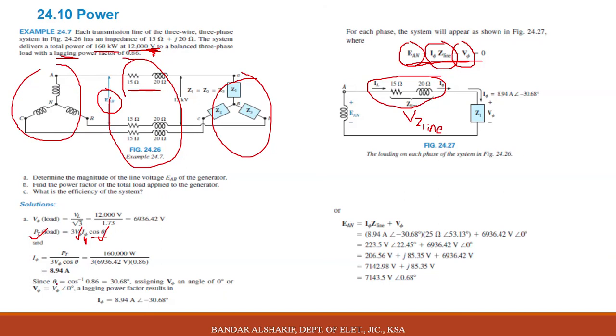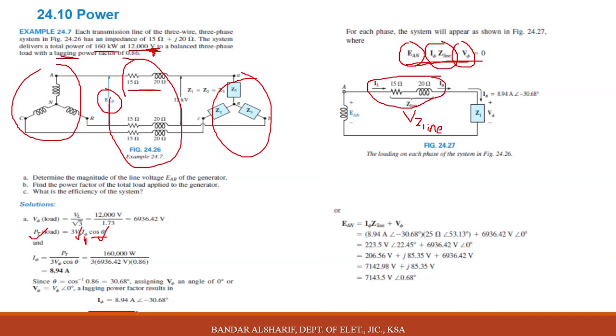See here, cosine theta: cosine inverse of 0.86 is 30.68 degrees. V phase, consider it as a 0 angle. Lagging power factor, then I phase will be 8.94 angle minus 30.69, if we assume that V phase here has angle 0.